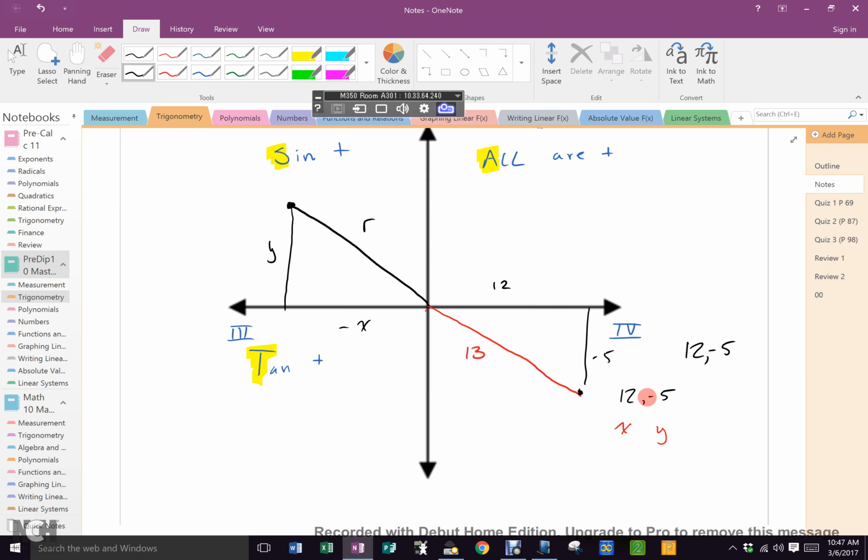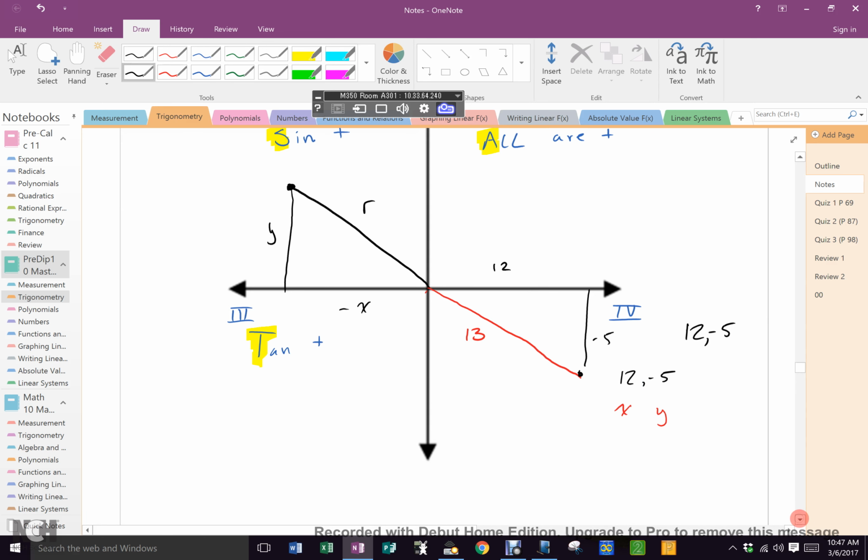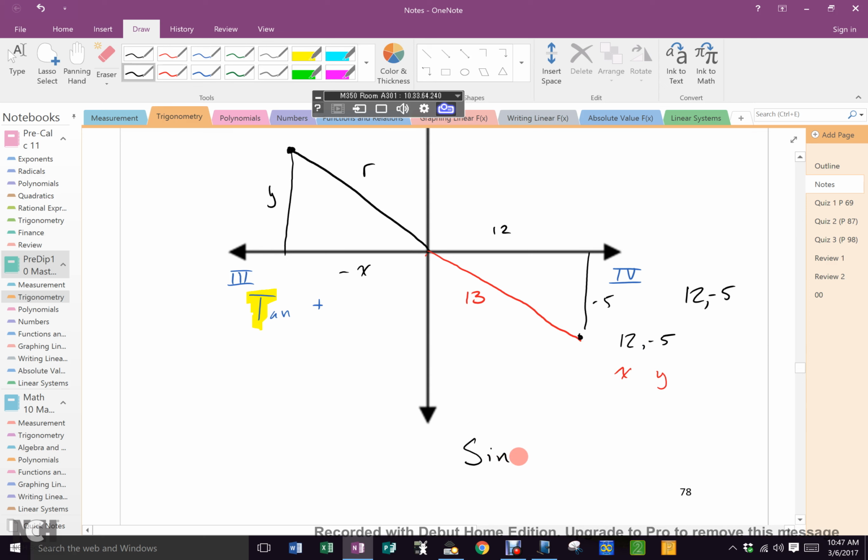You do, don't you? Because sine equals O over H, but it also equals, what do we write at the top? Y over R. Cos equals A over H. From the beginning of grade 10, what does it equal now?